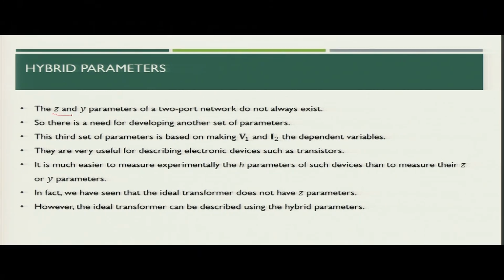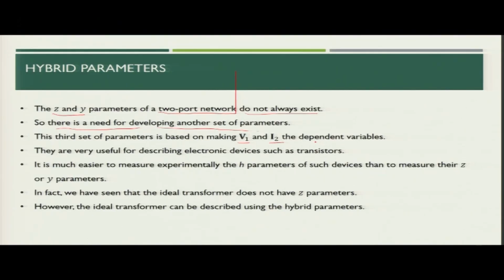So, we have seen Z and Y parameters, but in case of a two port network it is not necessary that you will always have the flexibility to find the Z and Y parameters. There is a need for developing another set of parameters wherein you have the dependent variables as V1 and I2, while the independent variables will be V2 and I1.